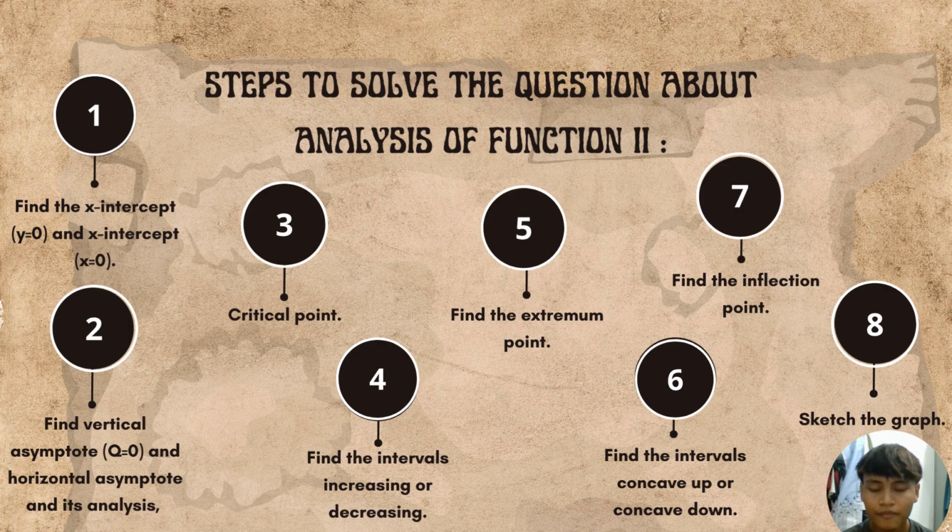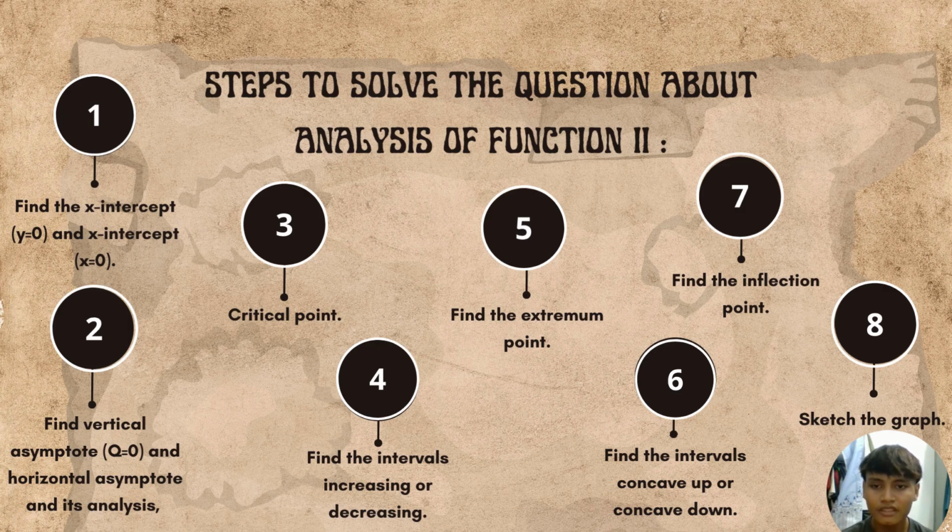Okay guys, in this slide, I would like to tell you about a few steps to solve the question about analysis of function 2. The first step is to find the x-intercept, which is y equal to 0, and the y-intercept, which is x equal to 0. The second step is to find the vertical asymptote, which is q equal to 0, and the horizontal asymptote, and its analysis.